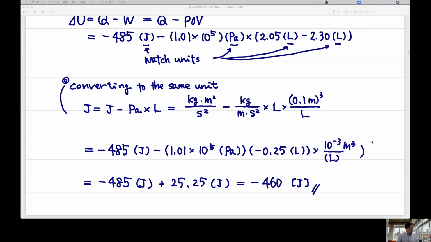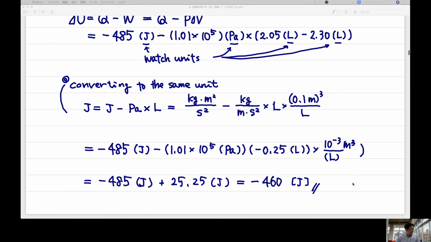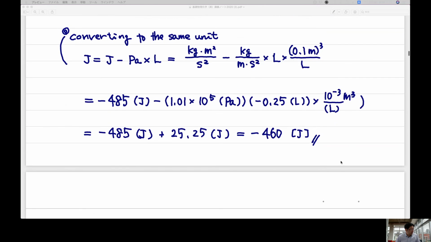And here is the equation, and here is the answer. You need to calculate by use of the calculator. Okay, you can use a calculator like this, and you can check the answer.